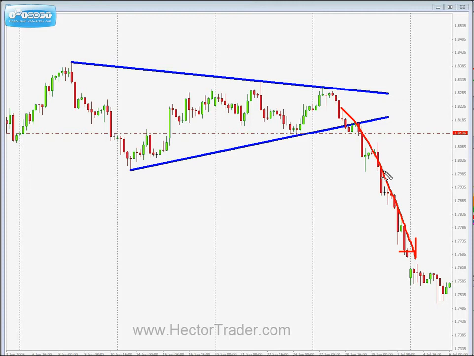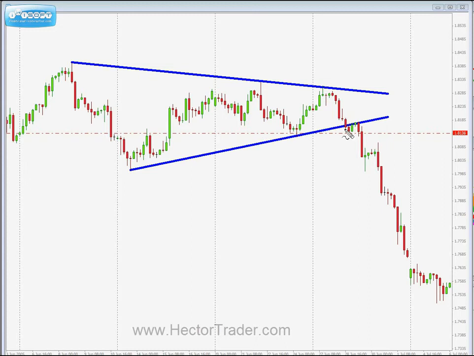I want to know that the trades I do take carry a 65, 70, 75% chance of being a winner. I'd rather miss out on a few trades, making sure that the trades I take have the chances on my side. So that's basically it for this type of breakout.